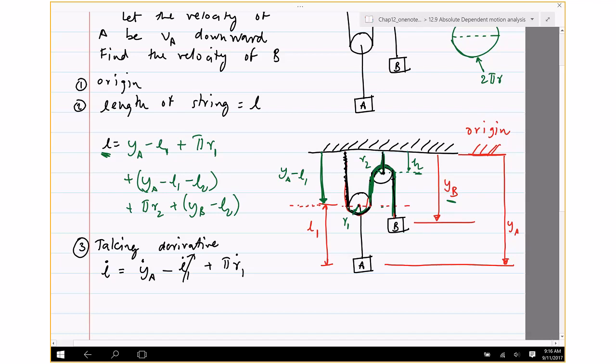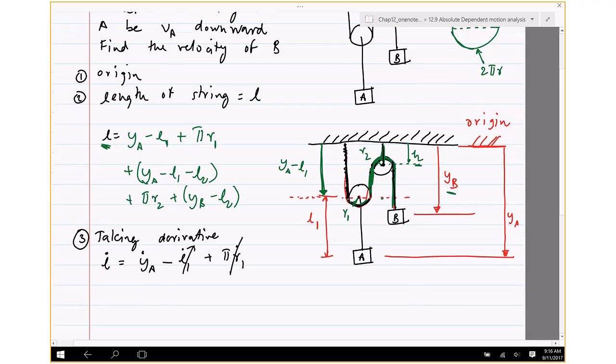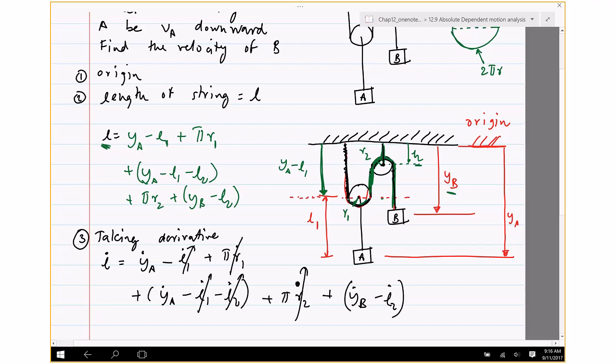The radius of the pulley is not going to change, so that's 0. Plus ya dot minus L1 dot minus L2 dot. Again, L1 won't change with respect to time, and L2 will not change with respect to time. And then there is pi r2 dot. The radius of the second pulley will not change with time. And then yb dot minus L2 dot. Again, L2 will not change with time.